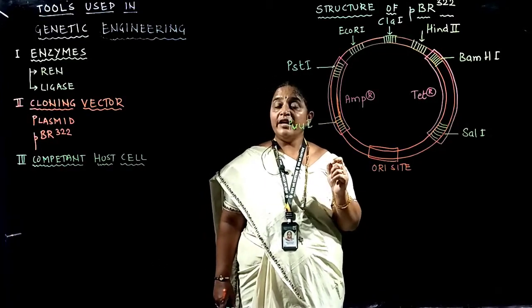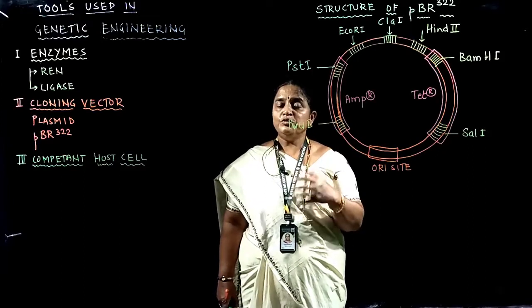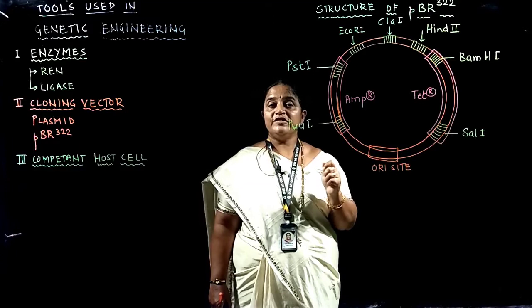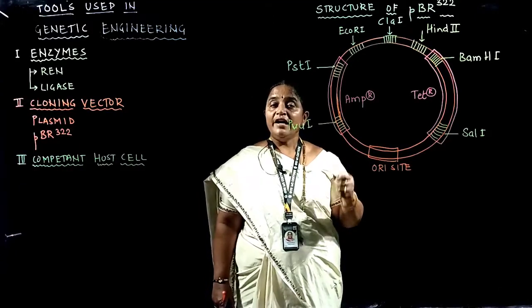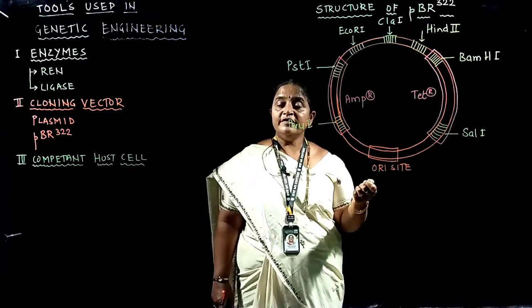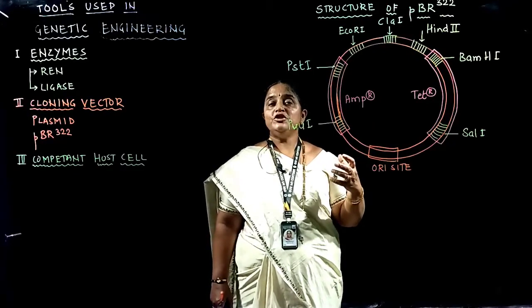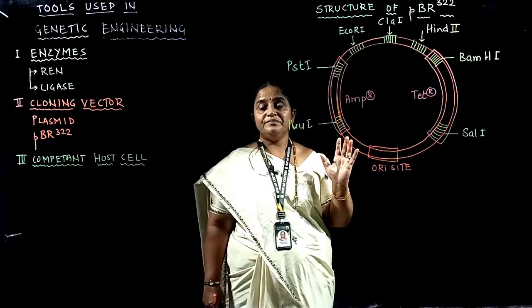Blunt ends are non-reactive, so they are not usually used in genetic engineering. But staggered ends, generally called sticky ends, have highly activated nucleotides which can easily react with the gene of interest to form rDNA.